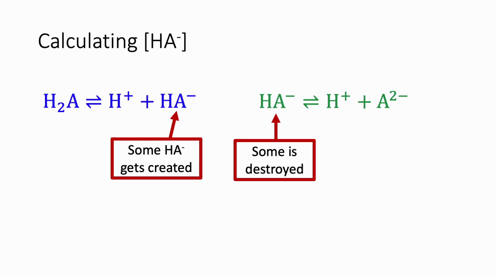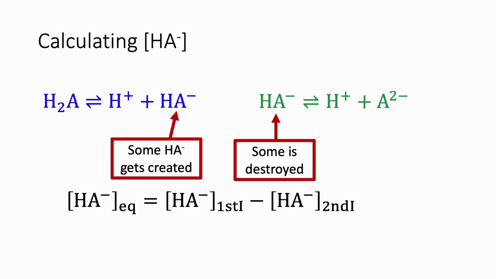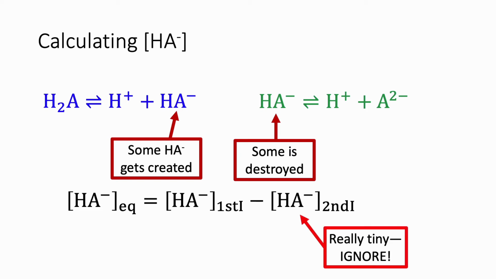So we can write an overall equation for how much HA- we have, where the HA- concentration at equilibrium is the amount that we get out of the first ionization minus the amount that's destroyed in the second ionization. But again, think back to our Ka1 versus our Ka2. This is going to be a really small amount compared to how much is created by the Ka1 reaction, and so we're going to ignore it.